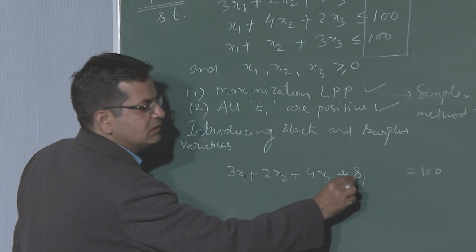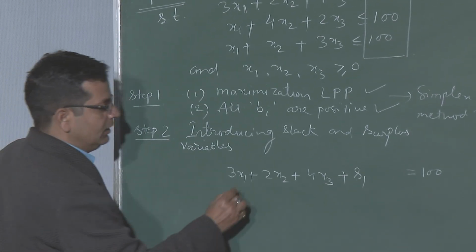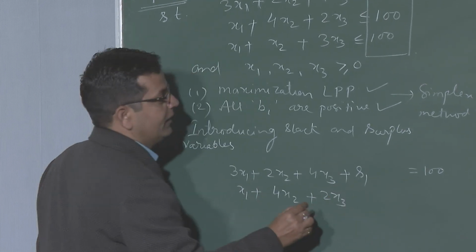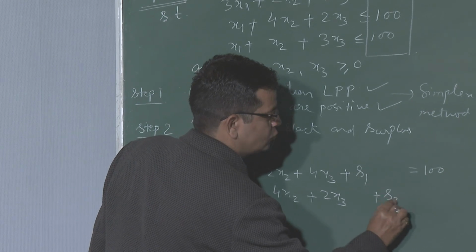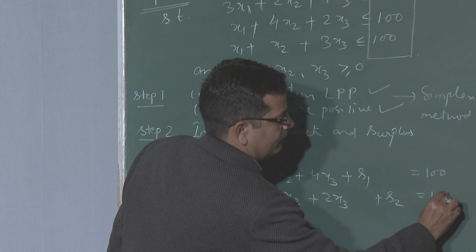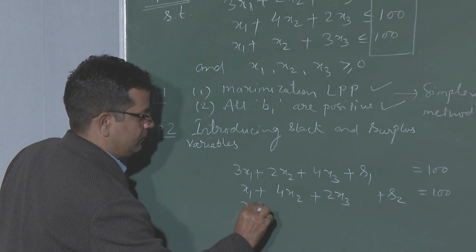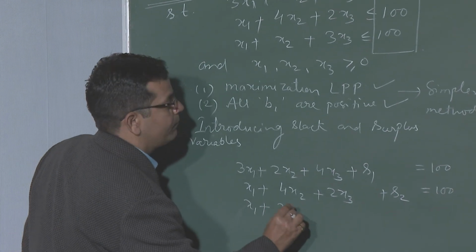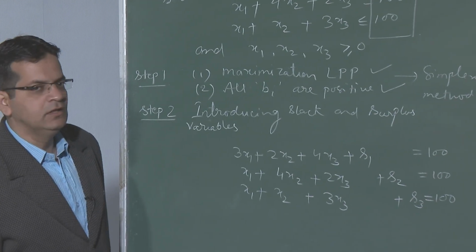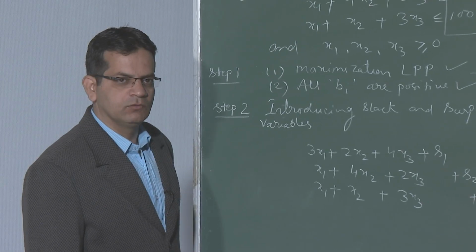This S1 is a slack variable. Similarly, in the second constraint I add S2, because the constraint has a less than or equal to sign. So S1, S2, S3 are all slack variables, because all the constraints have less than or equal to signs.